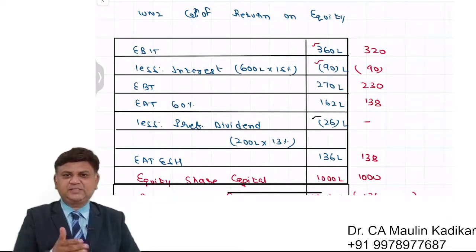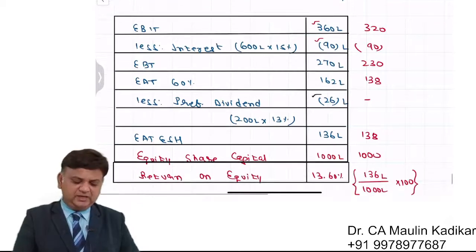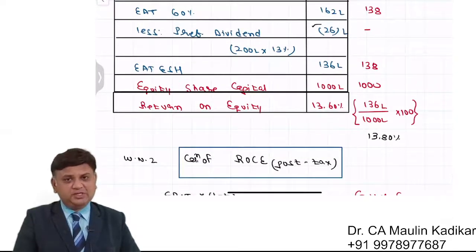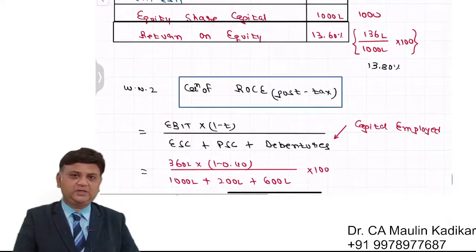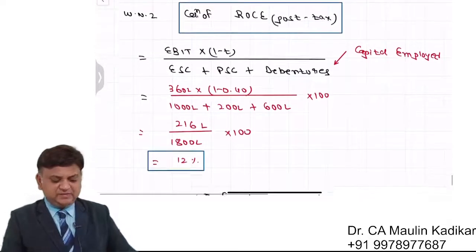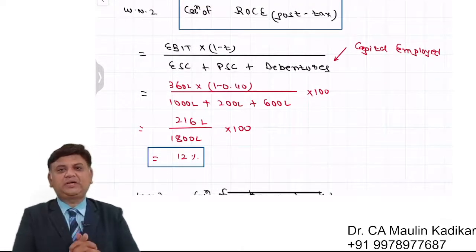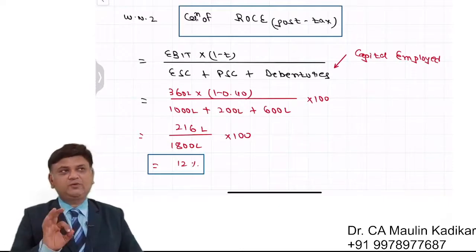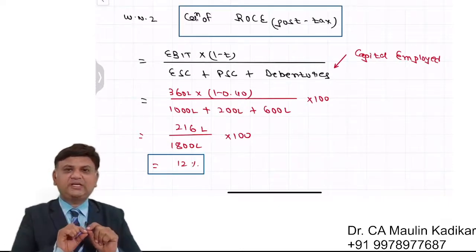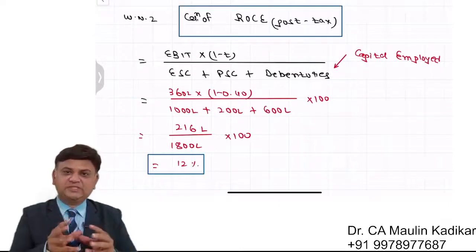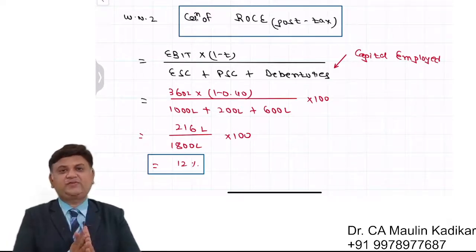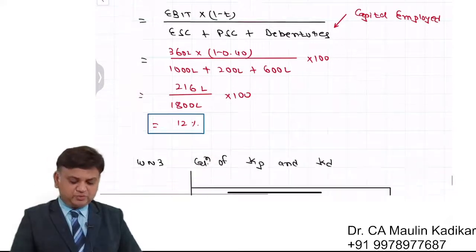EBIT minus interest is EBT, minus tax is EAT, minus preference dividend is earning available to equity shareholders, upon equity share capital will give the return on equity. The second working is the calculation of the return on capital employed post-tax. Because we want to know the rate at which we are able to earn from the business, irrespective of the source from which we have raised the funds. That comes to 12%.